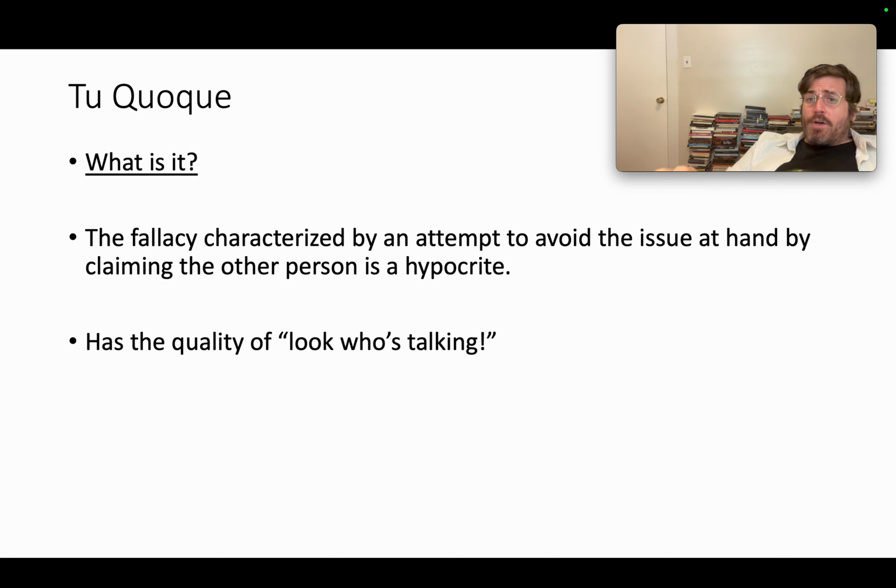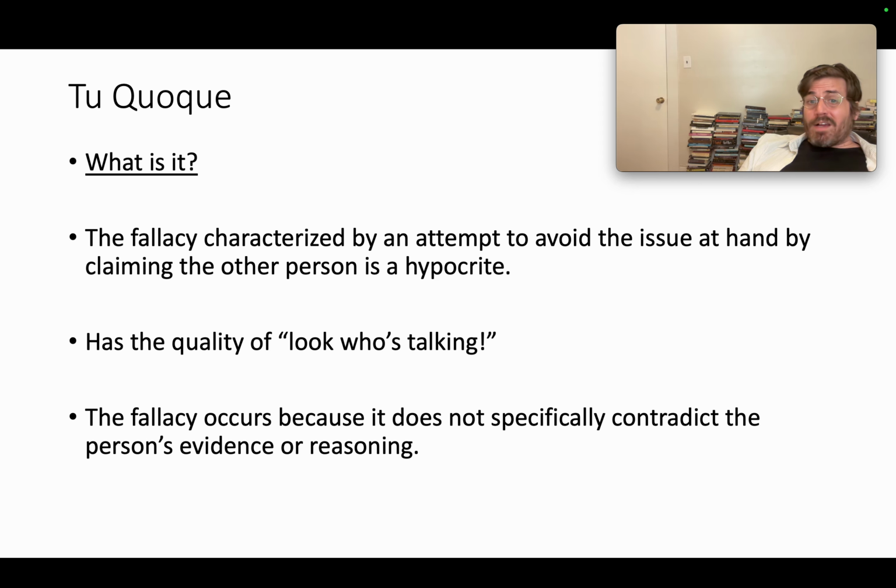Okay, so politicians again use this all the time. It's a really great and effective psychological trick at steering an audience's attention away from the issue at hand by pointing to some perceived negative trait in the advocate for the argument, right? The fallacy occurs because it doesn't specifically contradict the person's evidence or chain of reasoning.